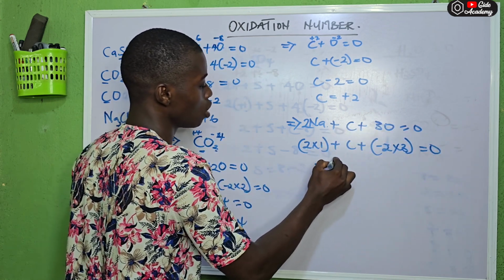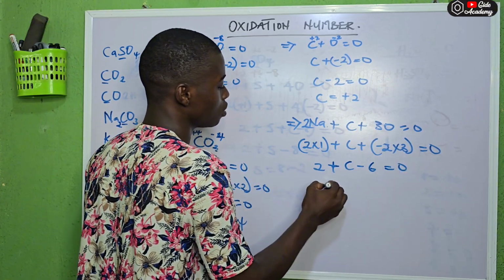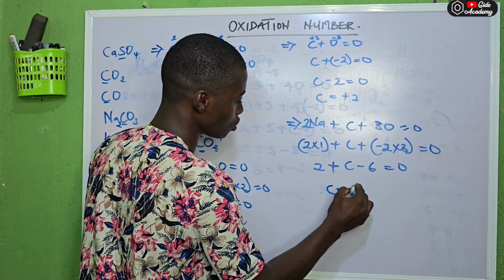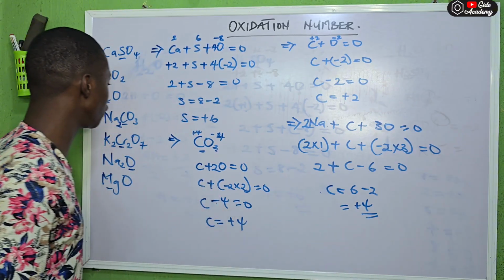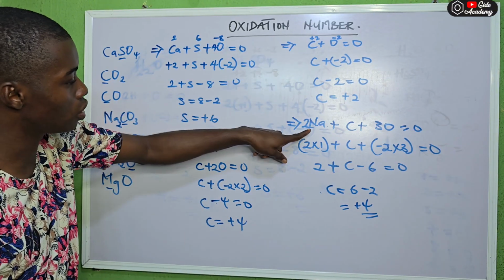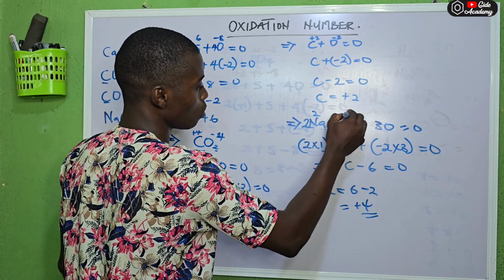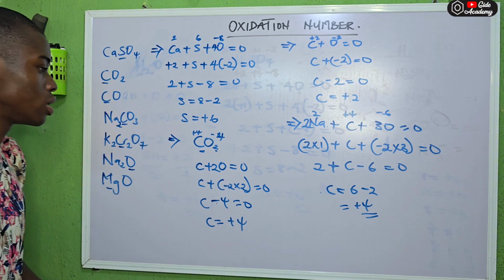So here will give us 2 plus C minus 6 is equal to 0. That will give us carbon is equal to 6 minus 2, which is equal to what? Plus 4. So if you check as well, it's still going to give us the same thing. Here will give us 2, here will give us plus 4, then here will give us minus 6. So it's still going to give us the same thing.